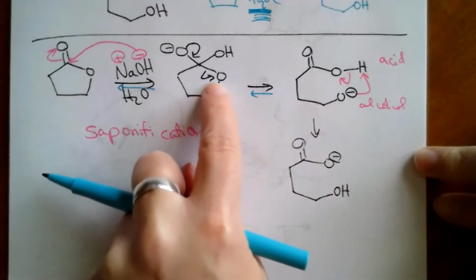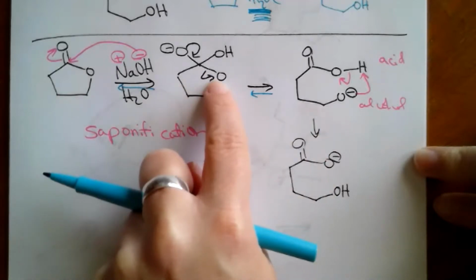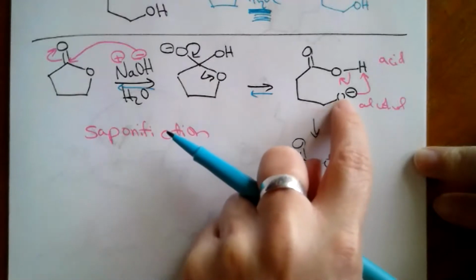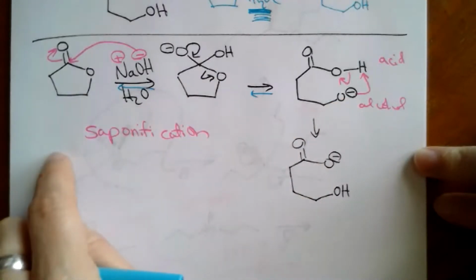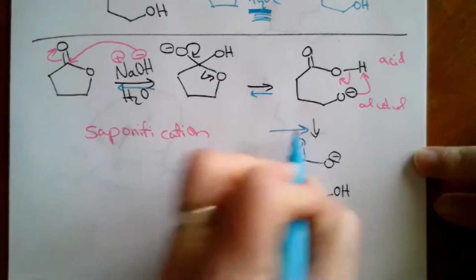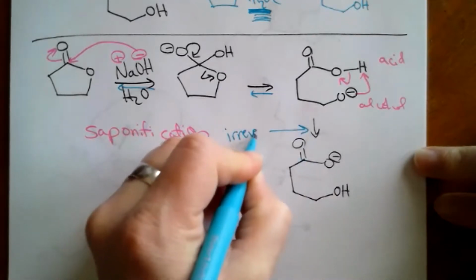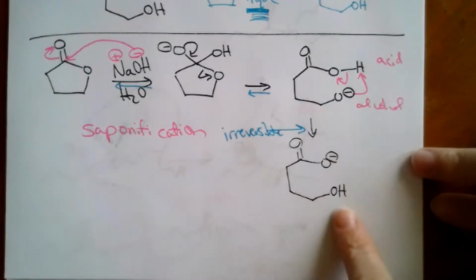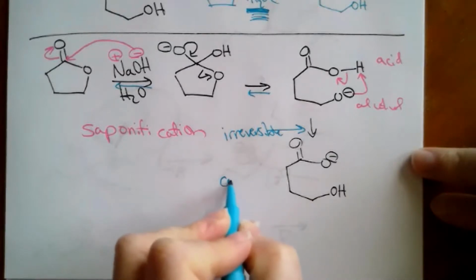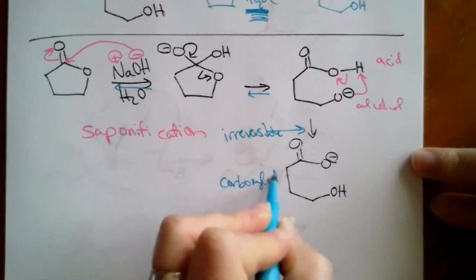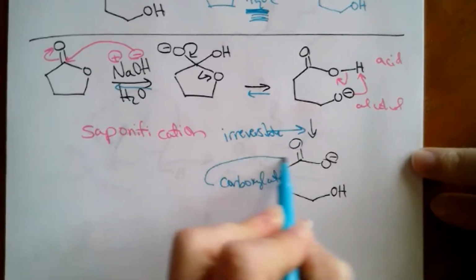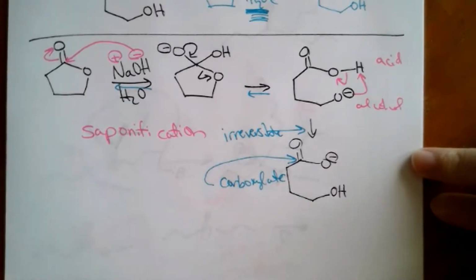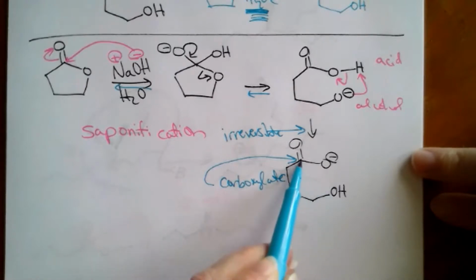This step of kicking out that functional group, kicking out that O-, that step could be reversed. This could go backwards. But this final step is irreversible. This final step where you exchange protons between the two is irreversible. And when you make a carboxylate, that carboxylate is not partially positive enough for this to ever attack that carboxylate.